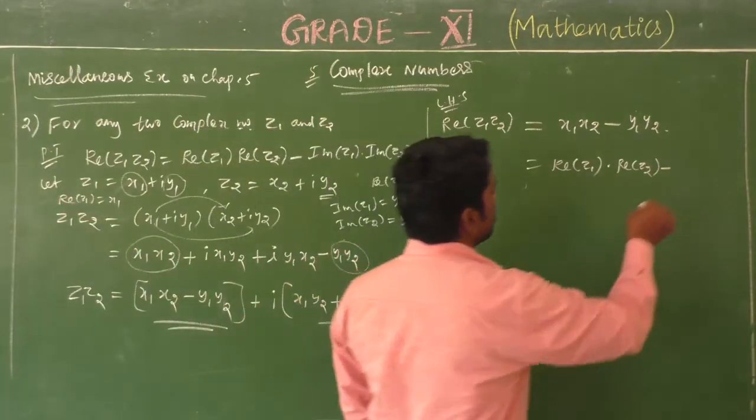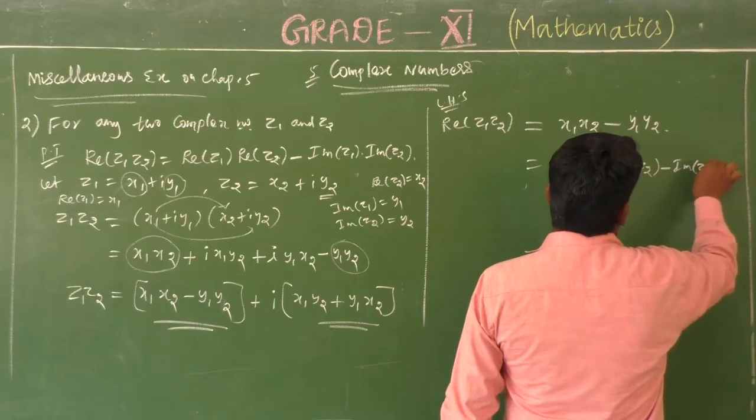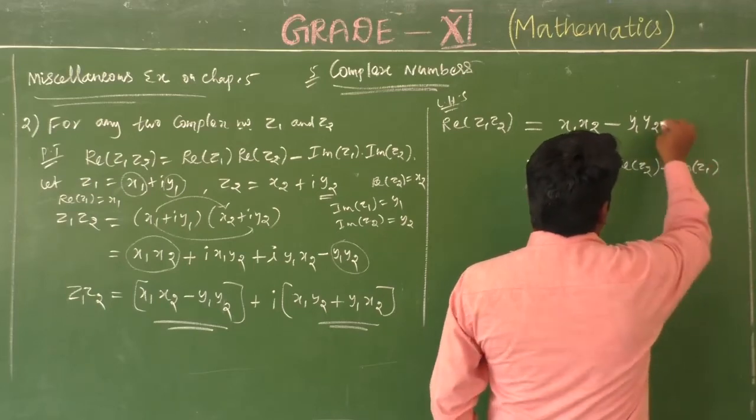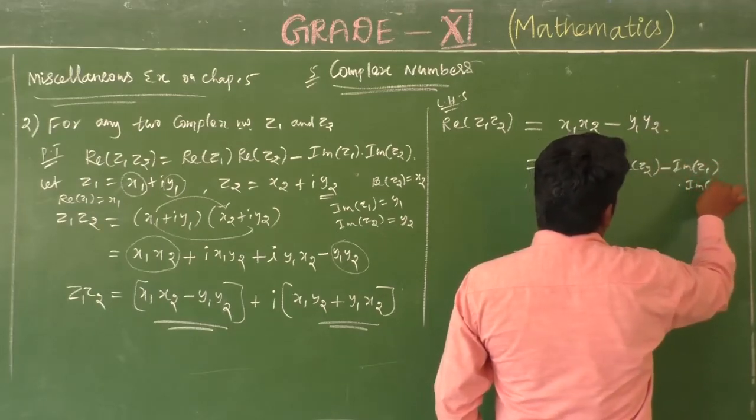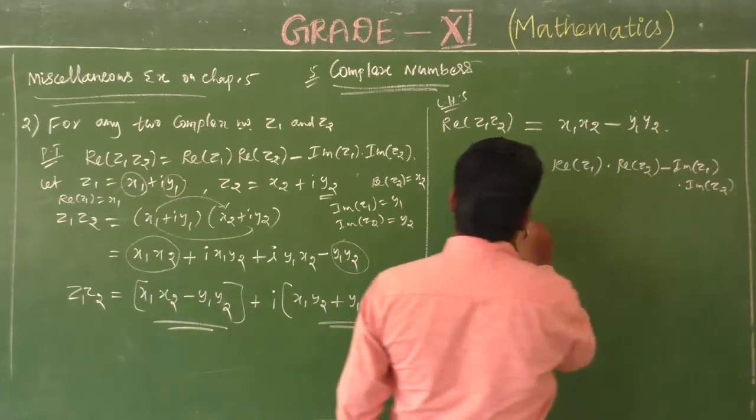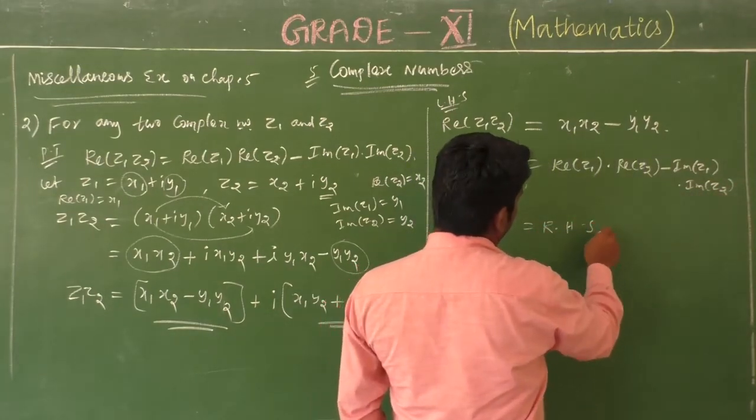So minus imaginary part of z1 into imaginary part of z2. This is our answer. Okay?